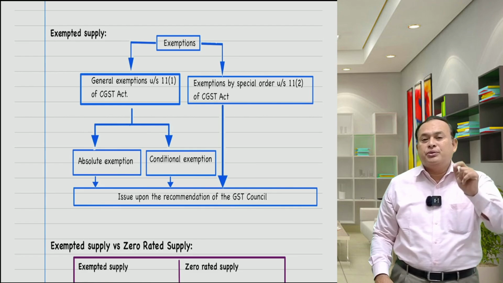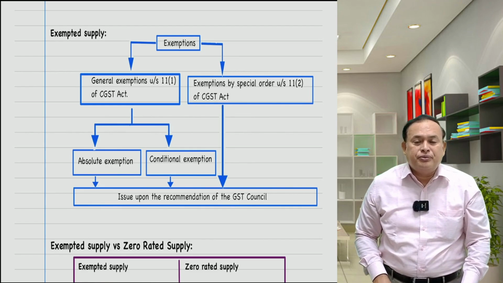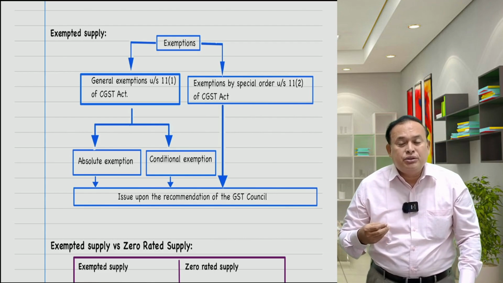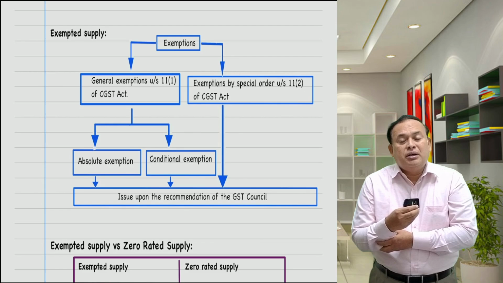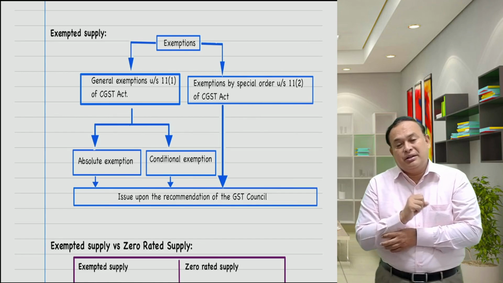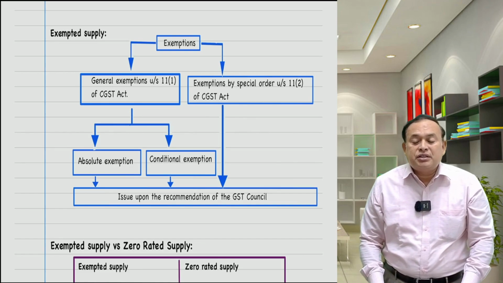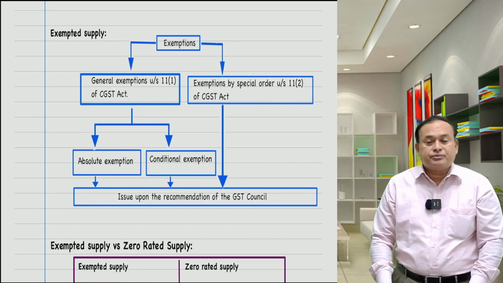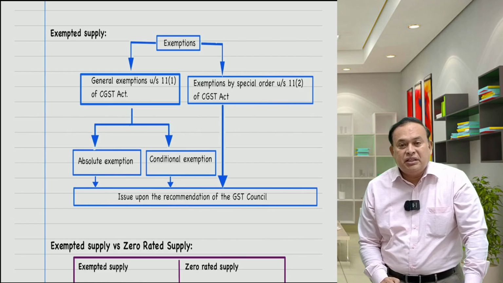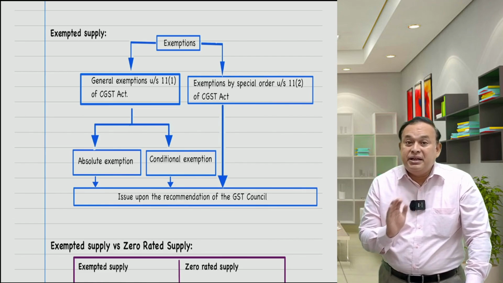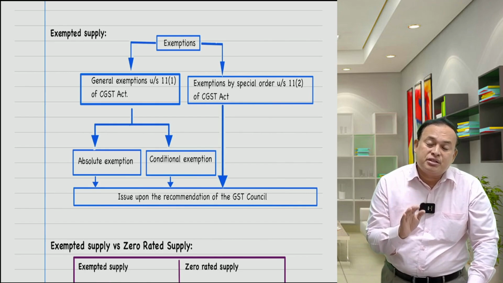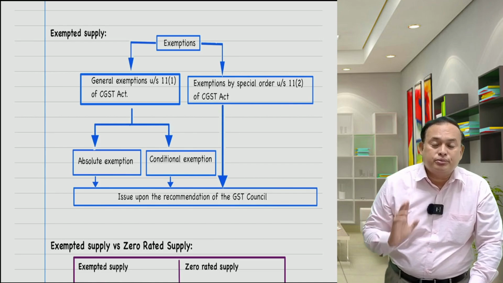If they do so, such a notification issued is called exemption by special order, Section 11, subsection 2. It is not mandatory to issue. It is up to the discretion of the GST Council to do or not to do.